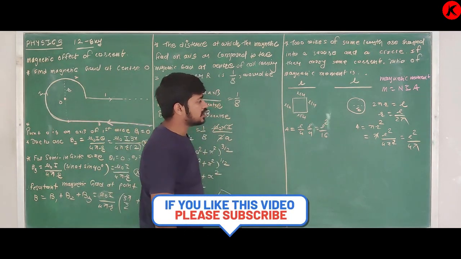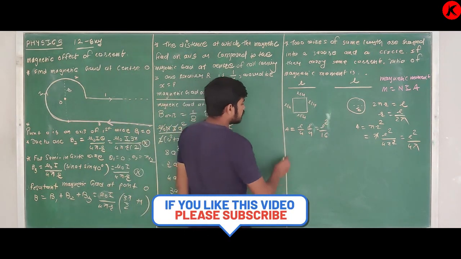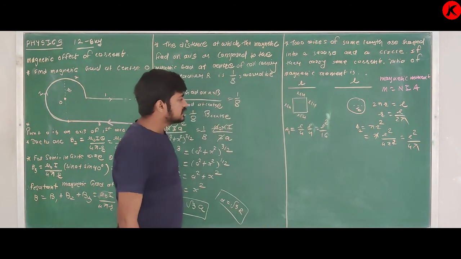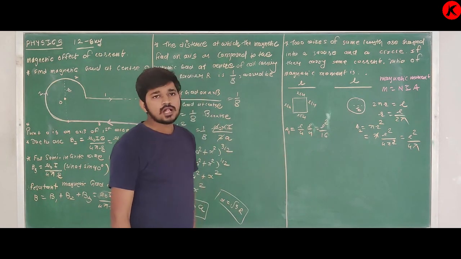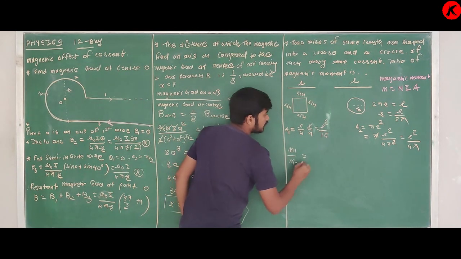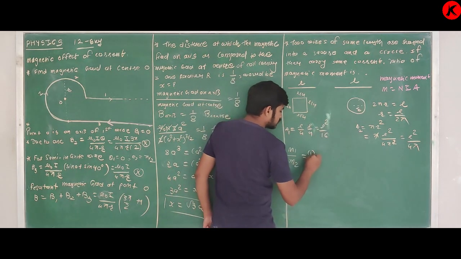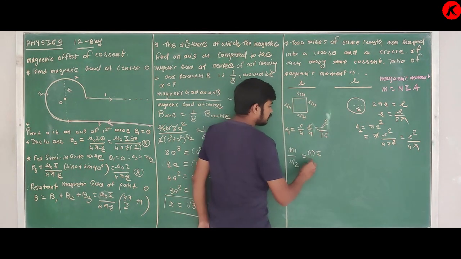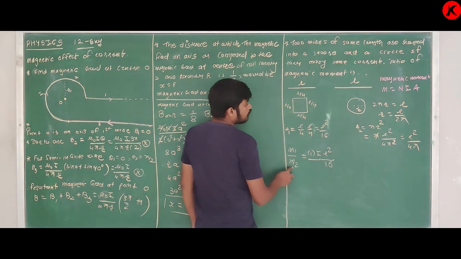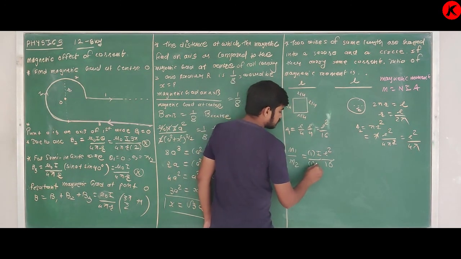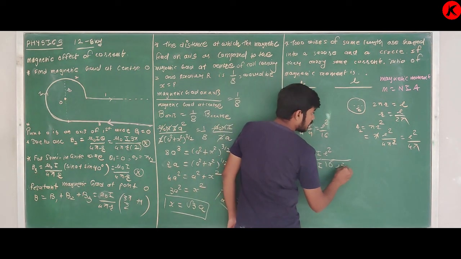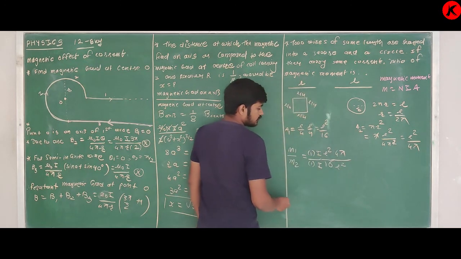So you have to find the ratio of the magnetic moment of the 2 wires. So here I will say it is A1 and here it is A2. Then magnetic moment ratio M1 upon M2 is equal to number of turns 1, current I, area L square upon 16, divided by, for M2, number of turns 1, I this, and area L square upon 4 pi.